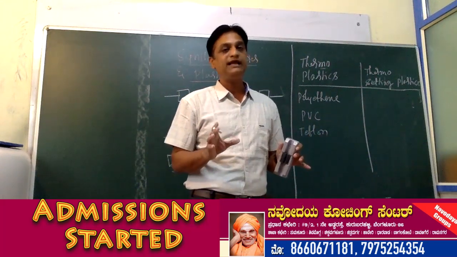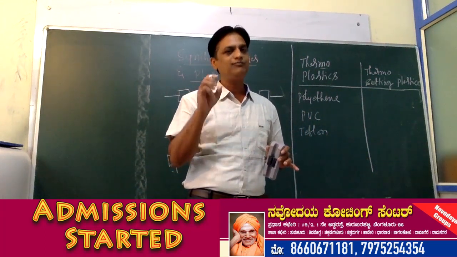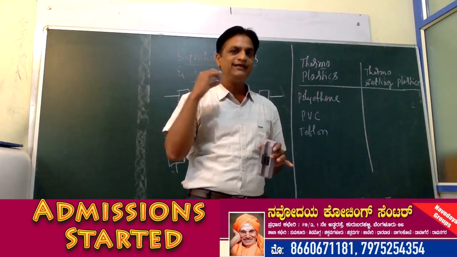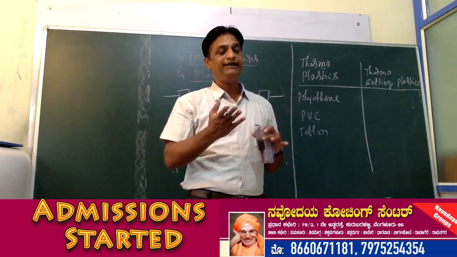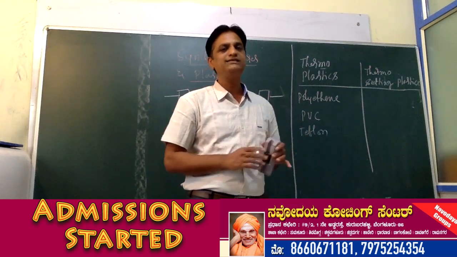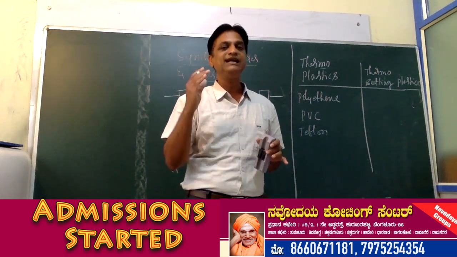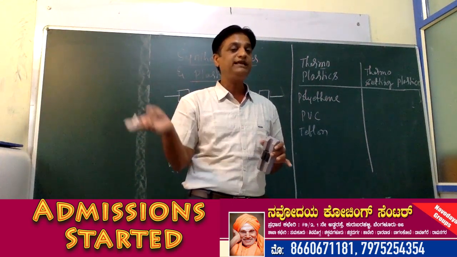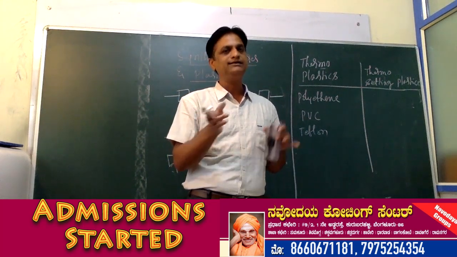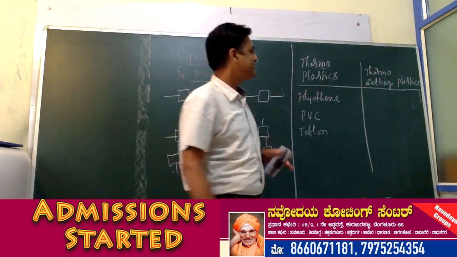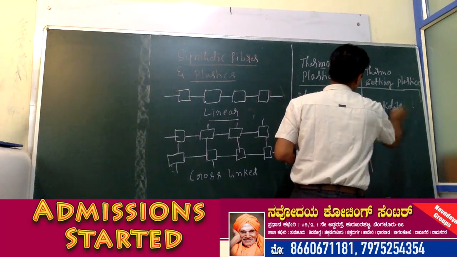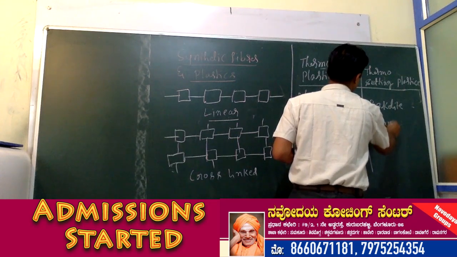Thermosetting plastics, once they are molded, cannot be reused again, and when pressure is applied, they will not bend, they break up. Okay, such plastics are called thermosetting plastics, and thermosetting plastics cannot be recycled. Very important: thermoplastics can be recycled, thermosetting plastics cannot be recycled. Which are the examples of thermosetting plastics? Bakelite and melamine.